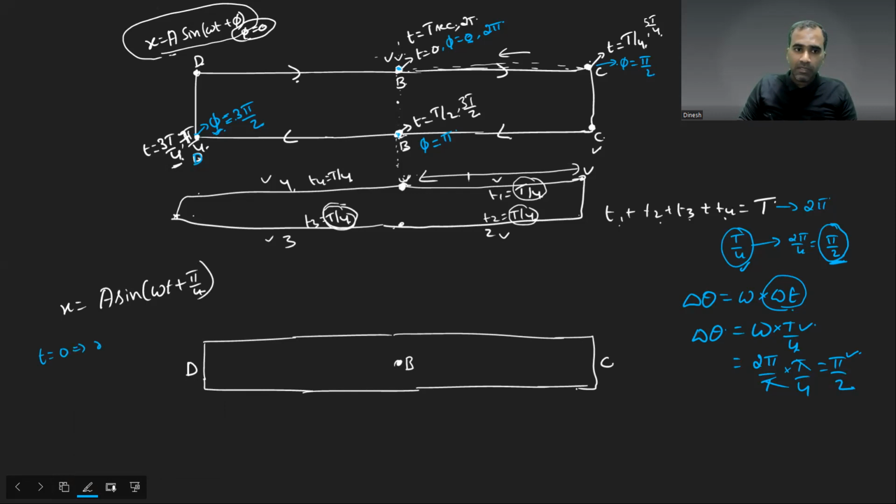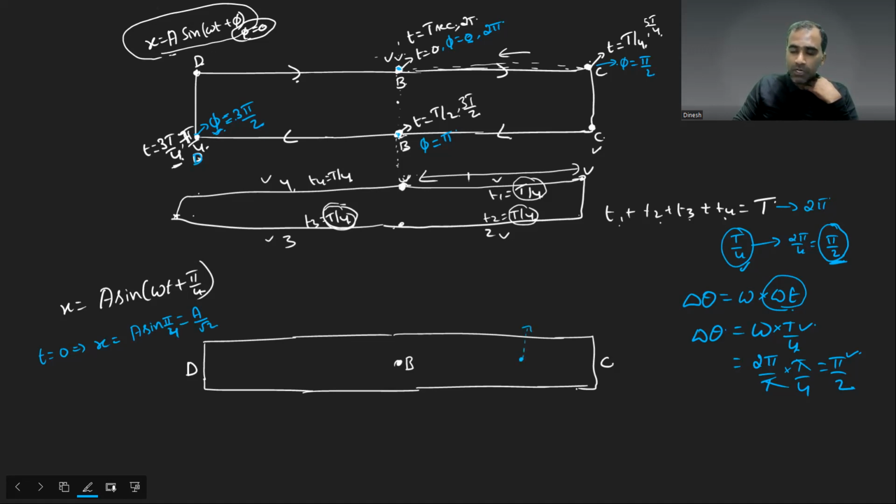At t equal to 0, what is the displacement? A sine pi by 4, correct? Sine pi by 4 is 1 by root 2. So it is A by root 2, right? What is the position of A by root 2? Somewhere here.